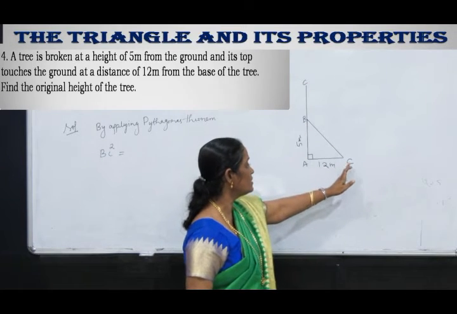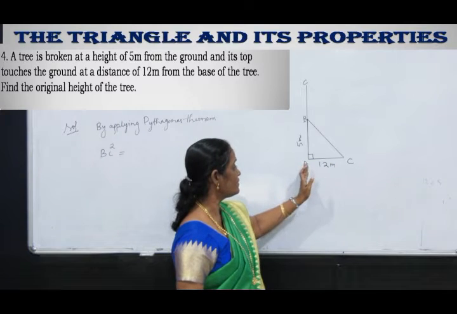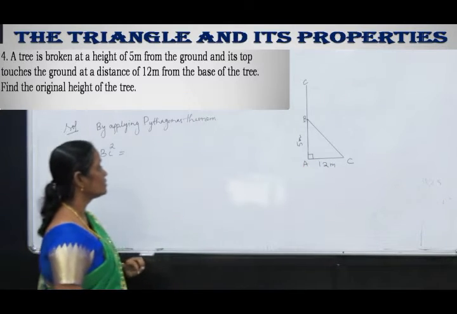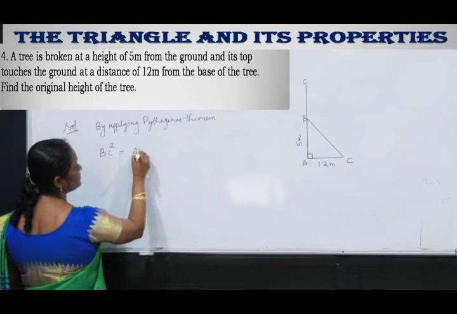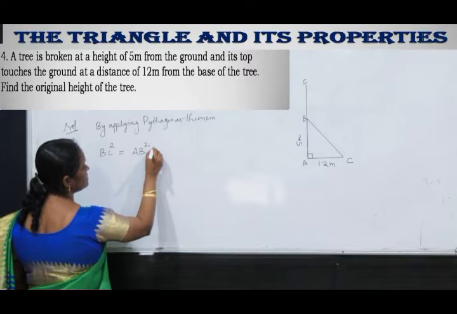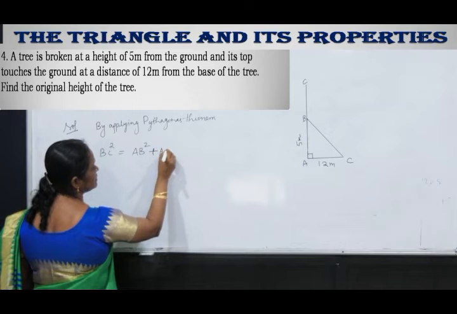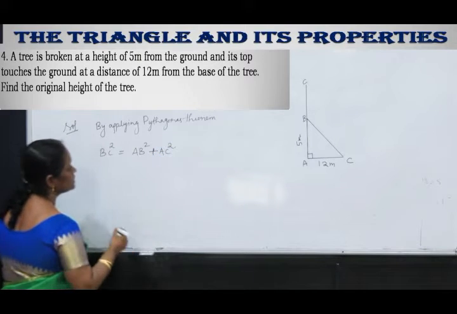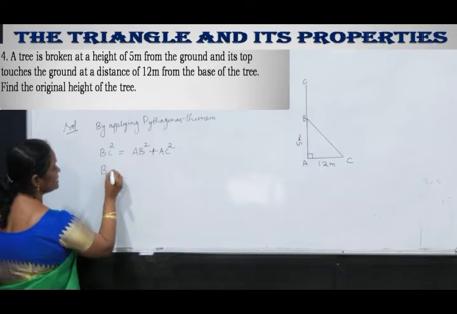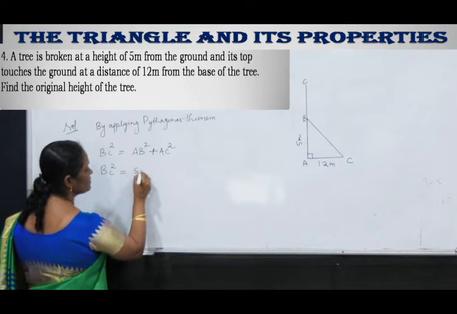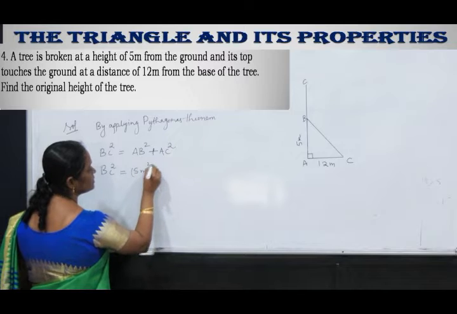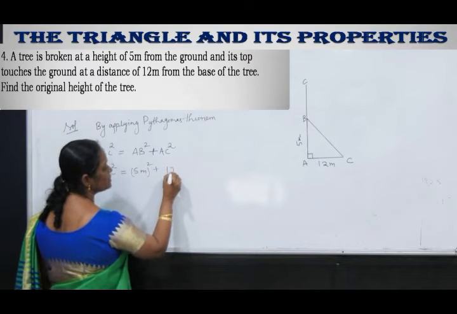It touches the ground 12 meter away from the base of the tree. So here BC square will be equal to AB square plus AC square. We don't know what BC is. BC square is, what is AB here? It is 5 meter. So 5 square plus AC is 12 meter.